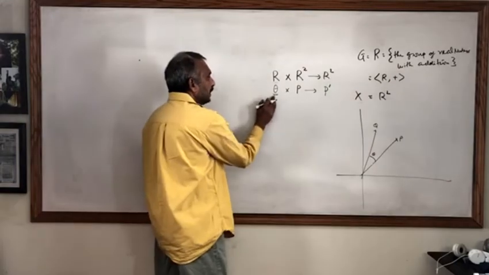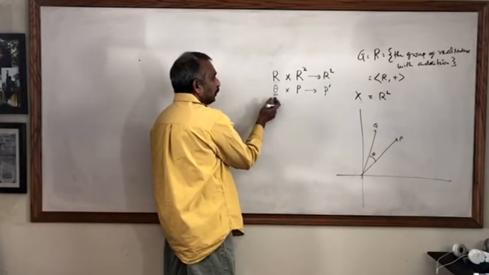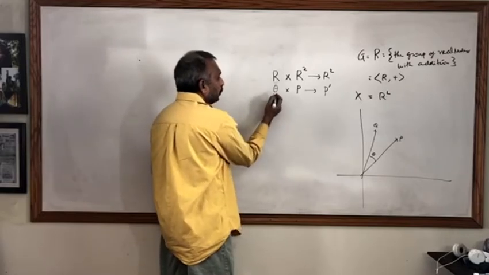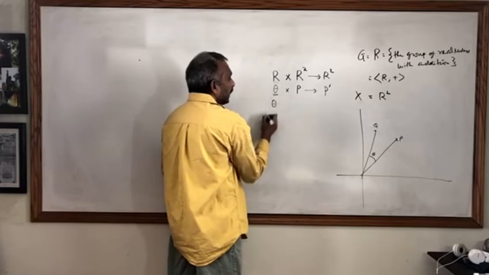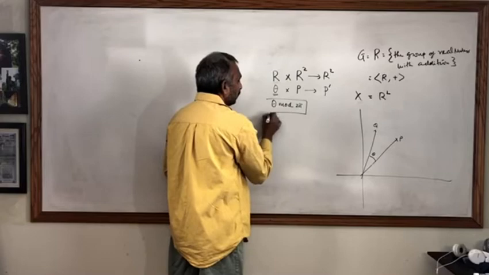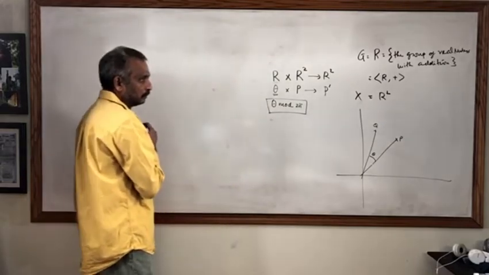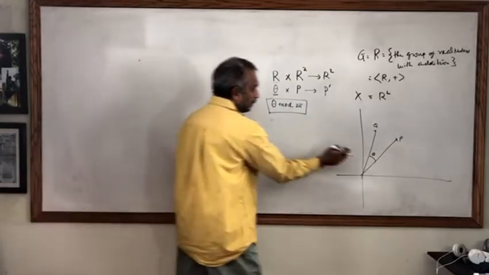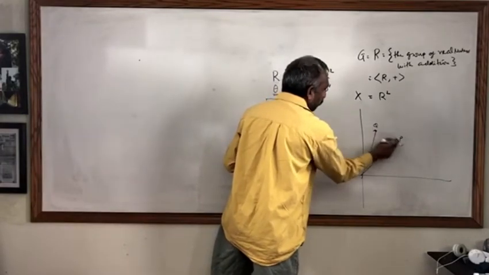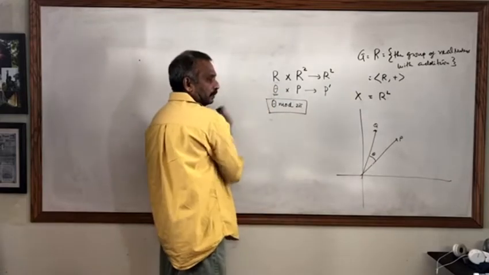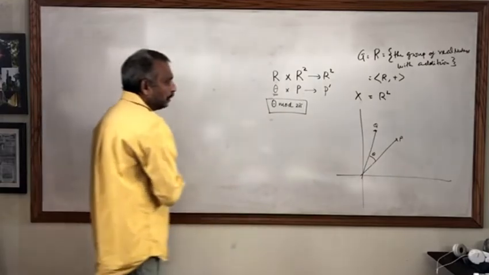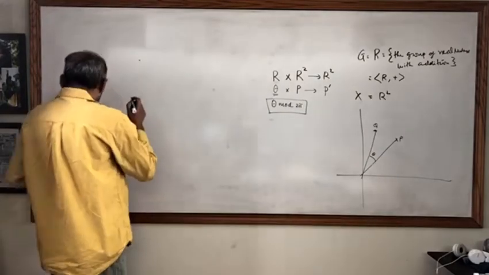Well, this doesn't need to be less than 2 pi, but you take theta mod 2 pi. So that many radians. So this Q is the action of theta on P. So that is how we are defining the action.